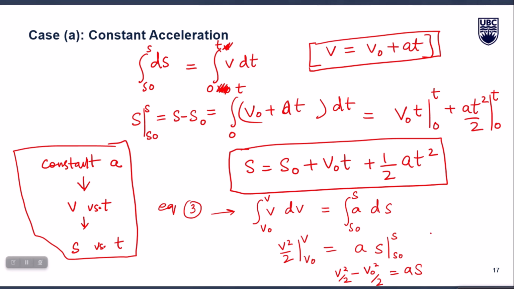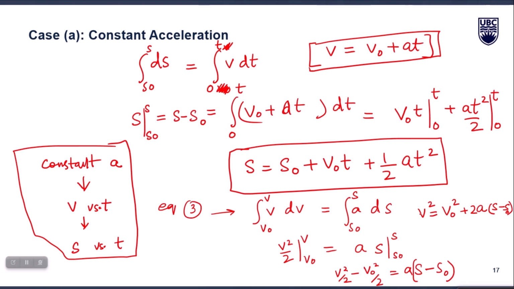Or in other words, V squared equals V naught squared plus 2A. Actually it should not be S; when I apply the limit it should be S minus S naught. For all the cases where the motion starts from time t equal to 0, we will have S naught as 0, otherwise it is S minus S naught.